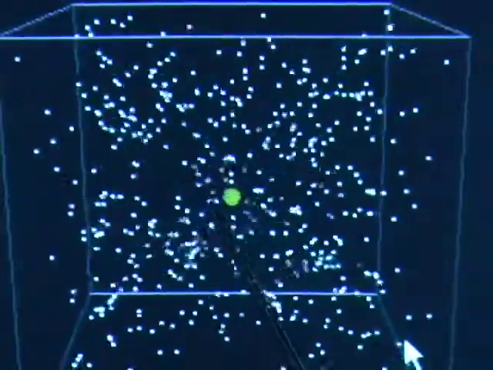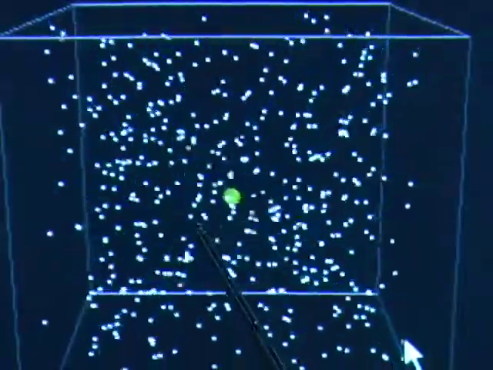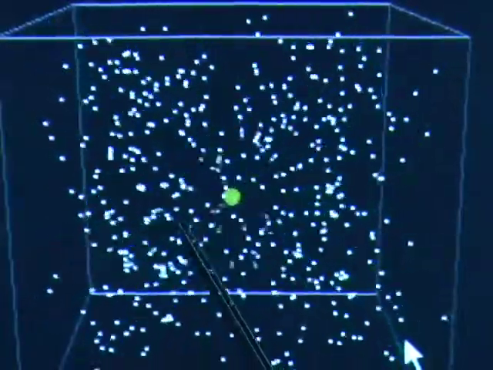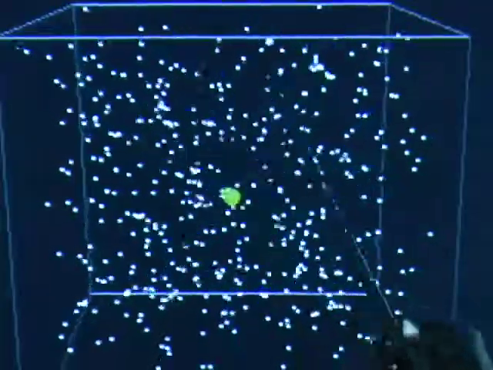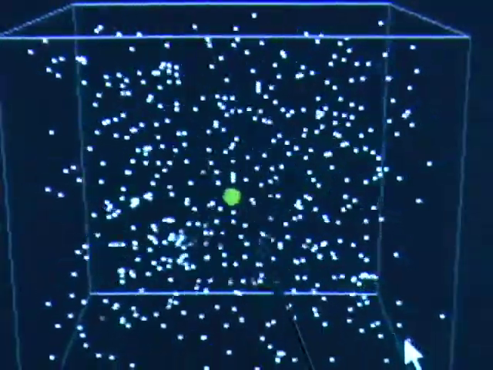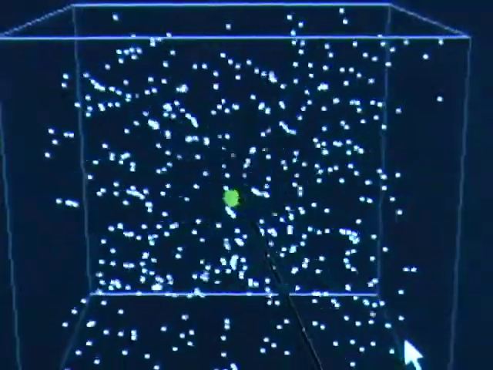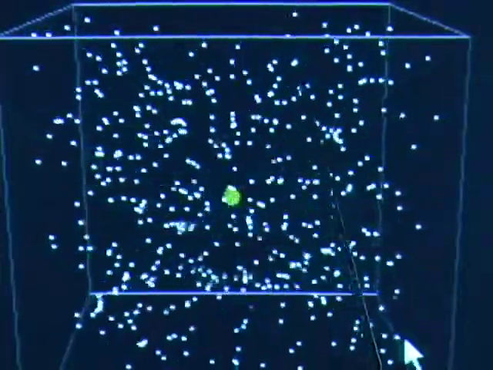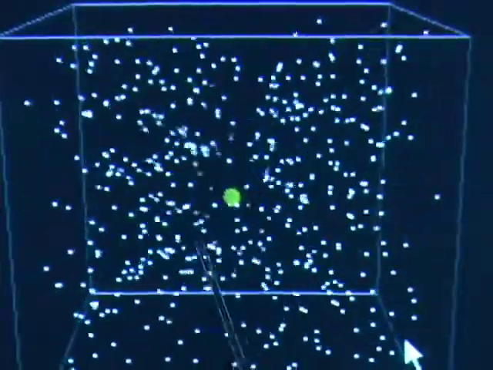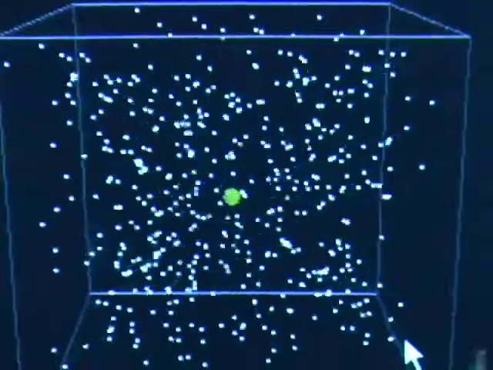Now, doesn't it behave almost exactly like the gravitational field of the Earth? All these negative charges are placed in the field due to this positive charge. So here we have a good visualization of electric field.